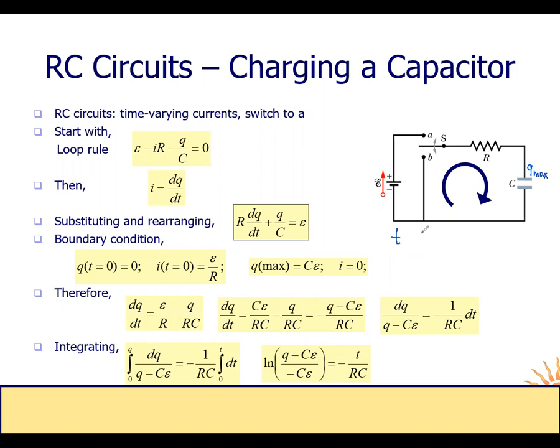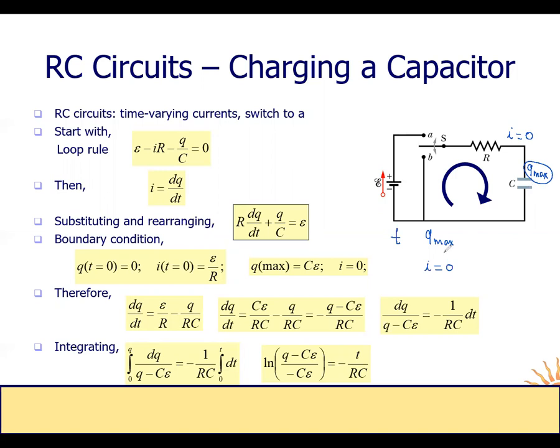At this time, where we have Q max, we don't have current in the circuit. So here I equals 0, at that time where we have a maximum value of Q at the capacitor.